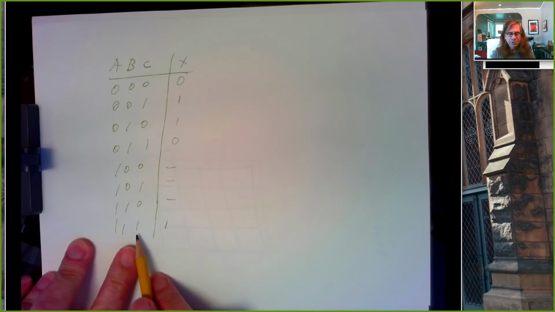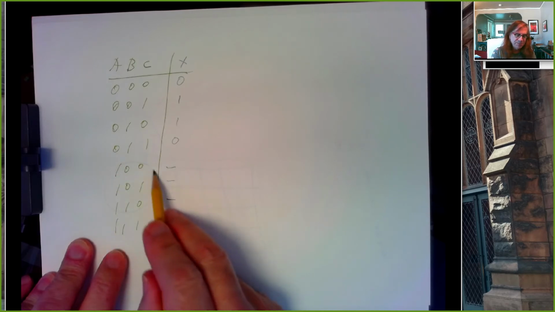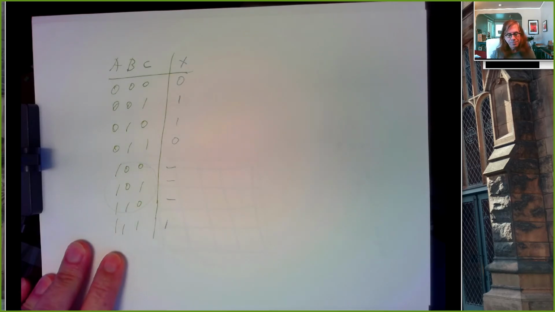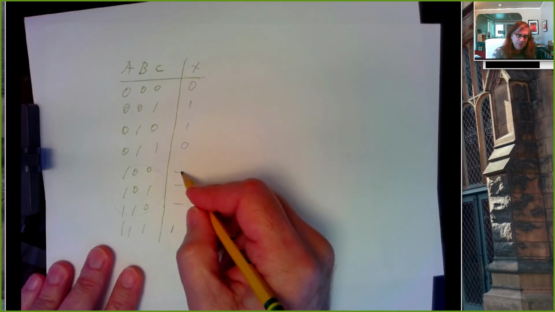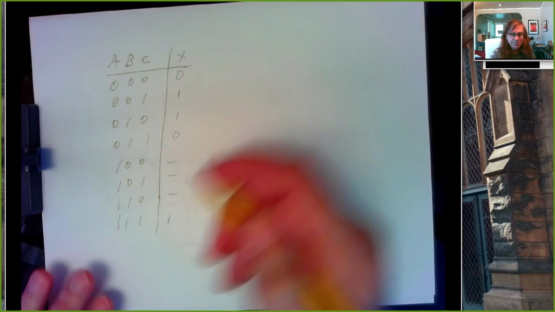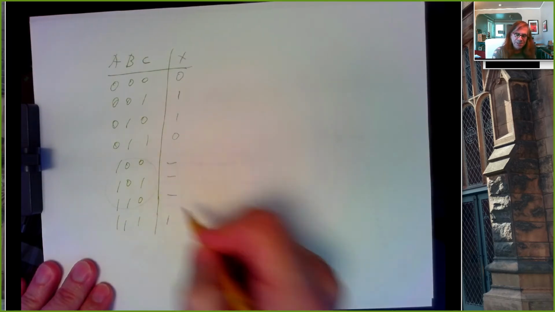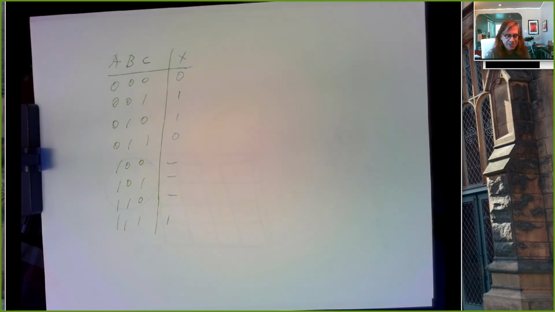A is going to be 1 only when B and C are both 1. So we never expect these input combinations. And since we don't expect those input combinations to appear, it doesn't matter to us what our circuit produces for those combinations. So we can mark those as don't cares, and that's what that dash means.